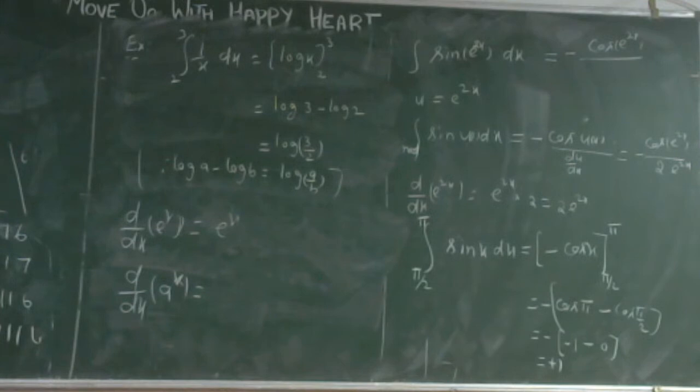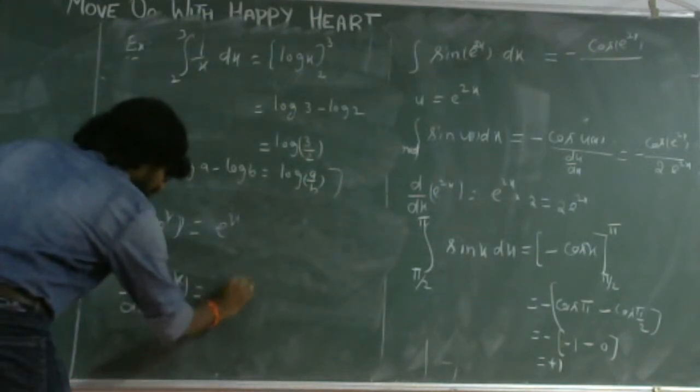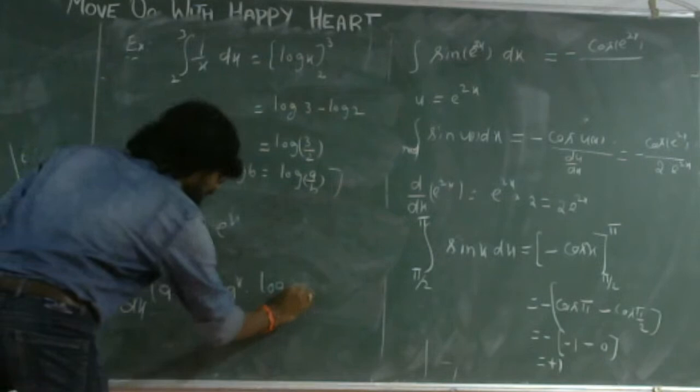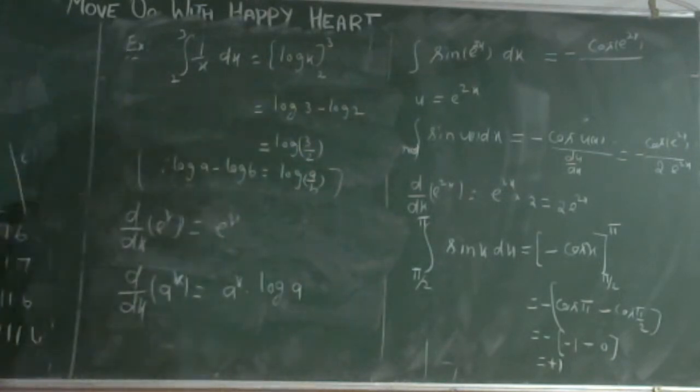This is a different kind of function. In these kinds of cases, you have to take the function as a power x into log a base e. If no base is mentioned, it means base e. So a power x into log a you have to take. Is it clear? Write this formula down also. I have not given this while giving the list of formulae. Here in place of a you can have any number.